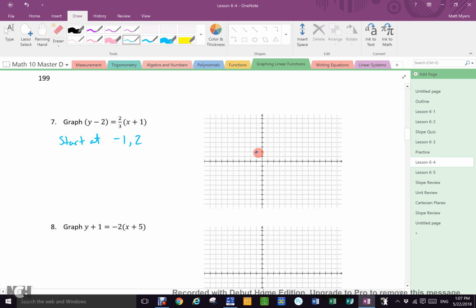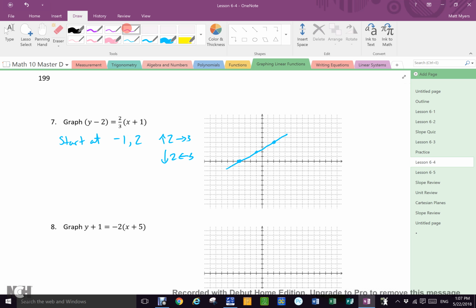What's my slope? Up 2, right 3. Everyone agree? Yes, sir. Now, how many points should I get to make sure? 3. So I go back to the start and then I do what? Down 2, left 3. Everyone agree?